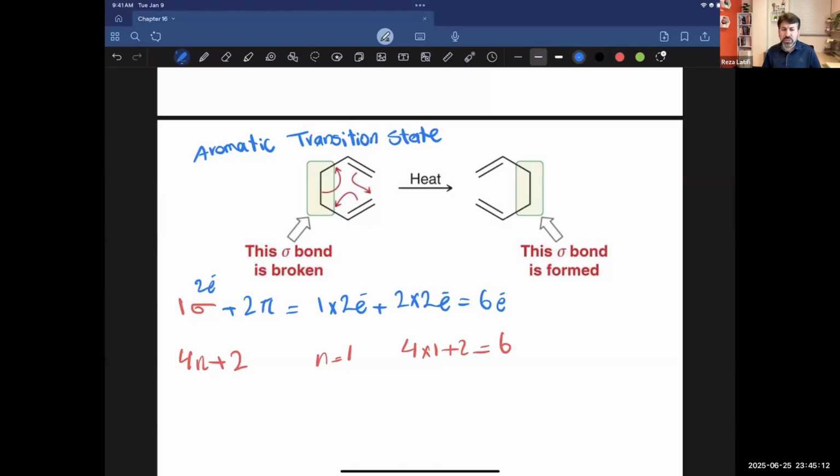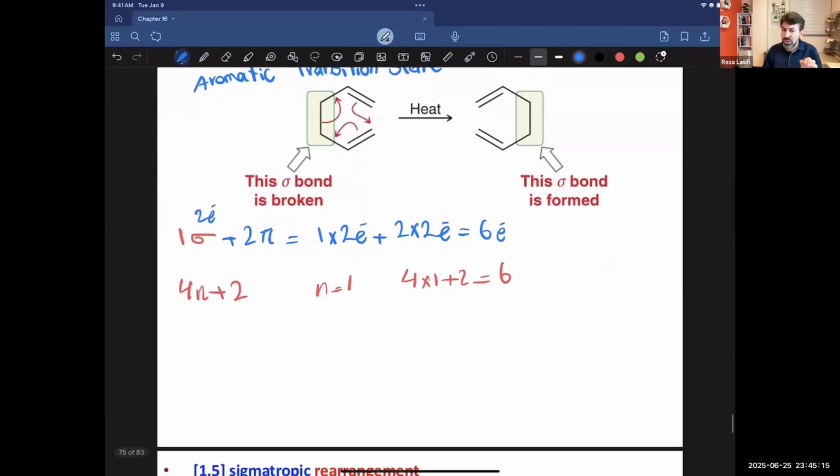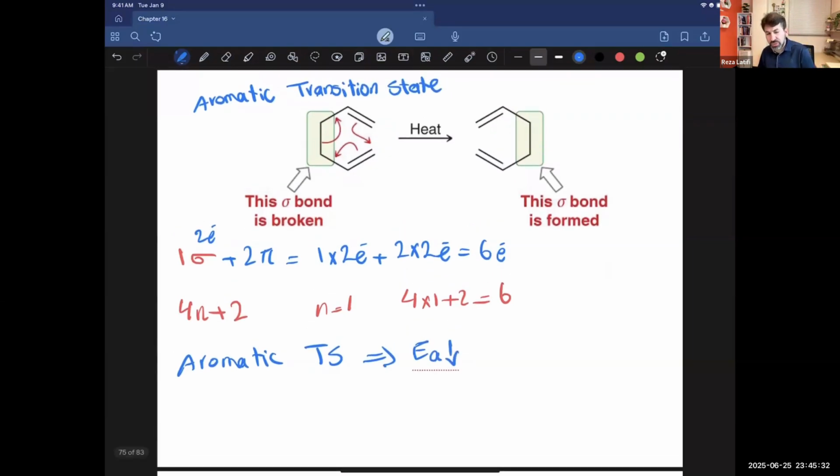And because it's aromatic, the transition state is going to have lower activation energy. An aromatic TS, or transition state, will lead to lower activation energy, and this is the reason the reaction is going to happen. So one driving force for it is having a cyclic and also aromatic transition state.